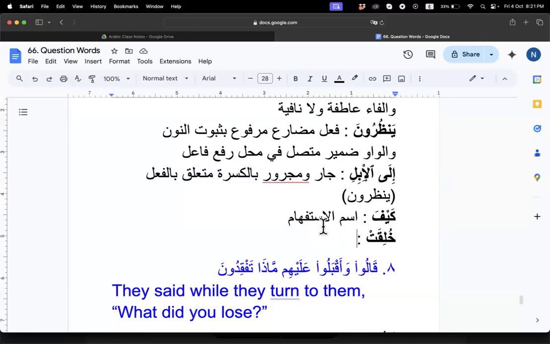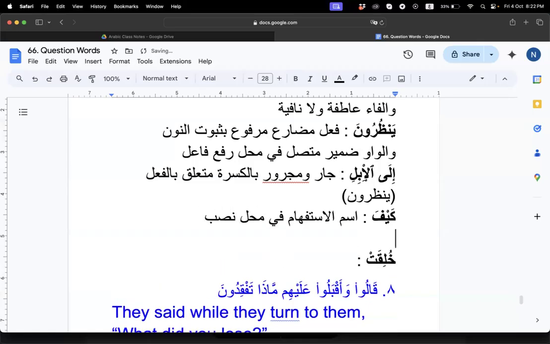But you would translate the same way, but one is asking about the camels, and one is asking about the creation of the camel, the act of creation, not the camel, but the creation of the camel. Either way, it's going to be fi mahali nasab.